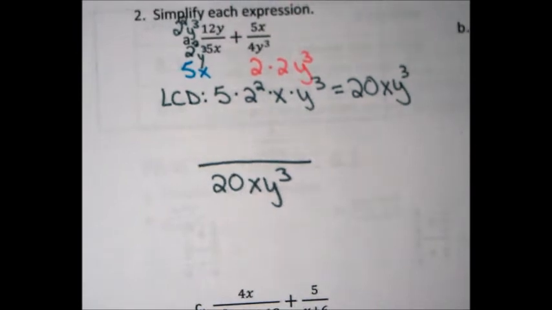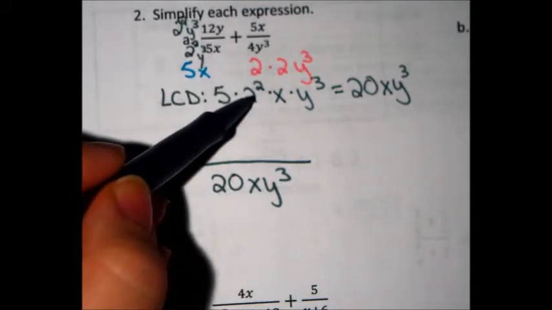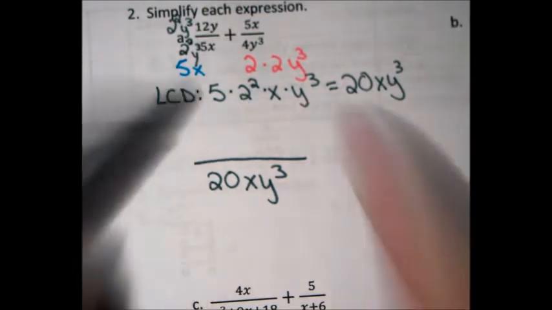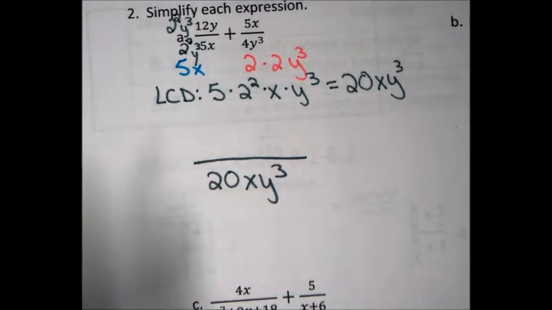Zoom in on that so you can see it a little bit better. And for the other side, it already had the 2 squared. It already had the y cubed. It was missing a 5 and an x. Please don't be fooled to just think that we always multiply by the other denominator. It just happened to work out this way.